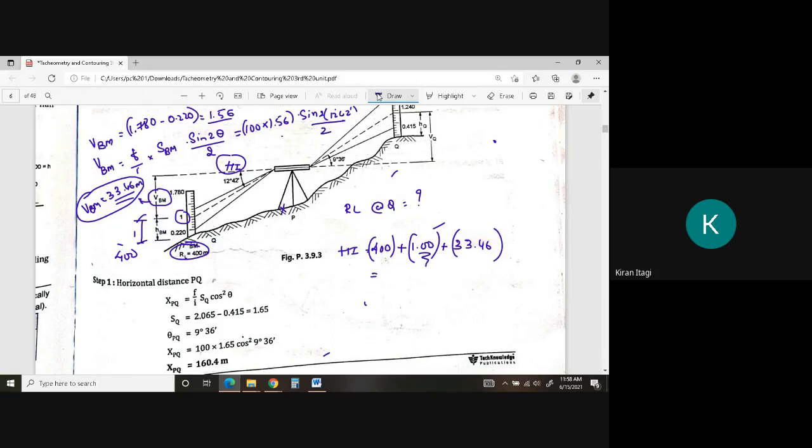So how much are you getting? 434.46 meter.